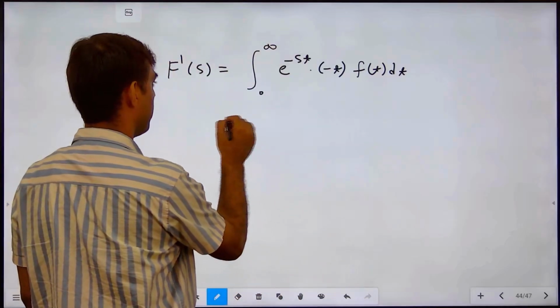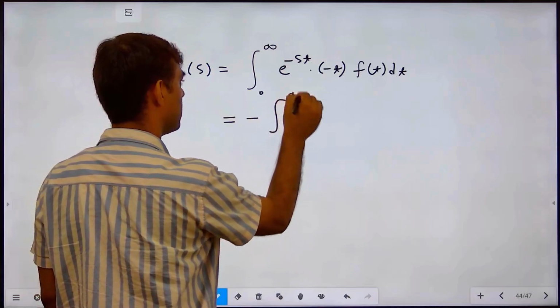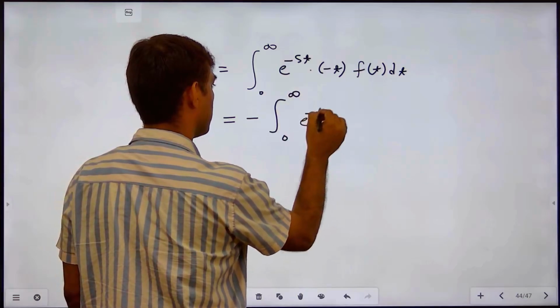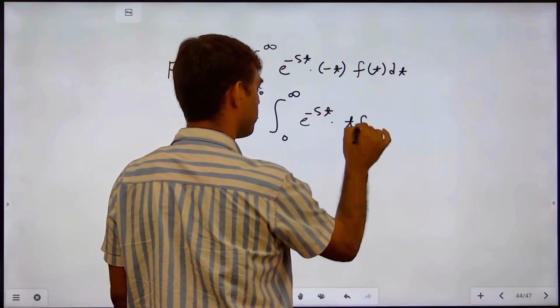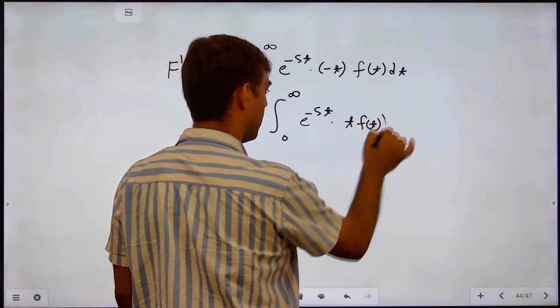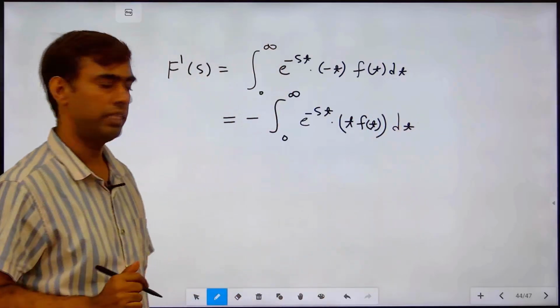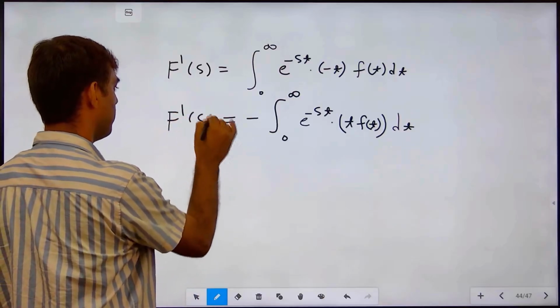If we simplify, this becomes minus the integral from 0 to infinity of e to the power minus st into t f(t) dt. This is F dash s.